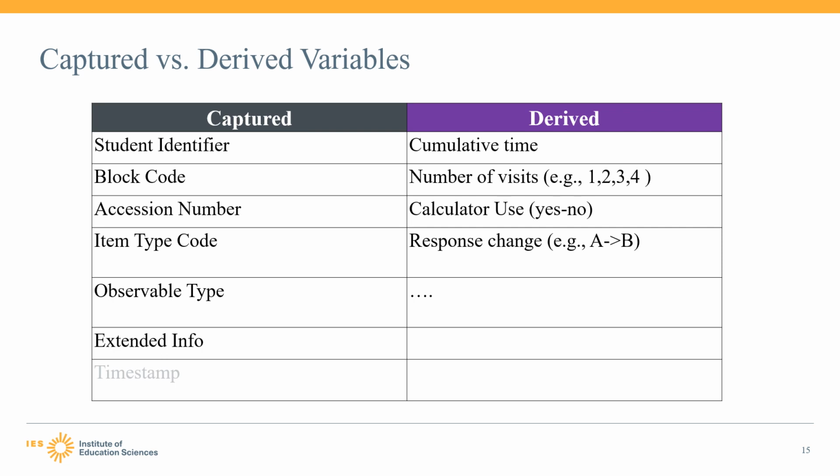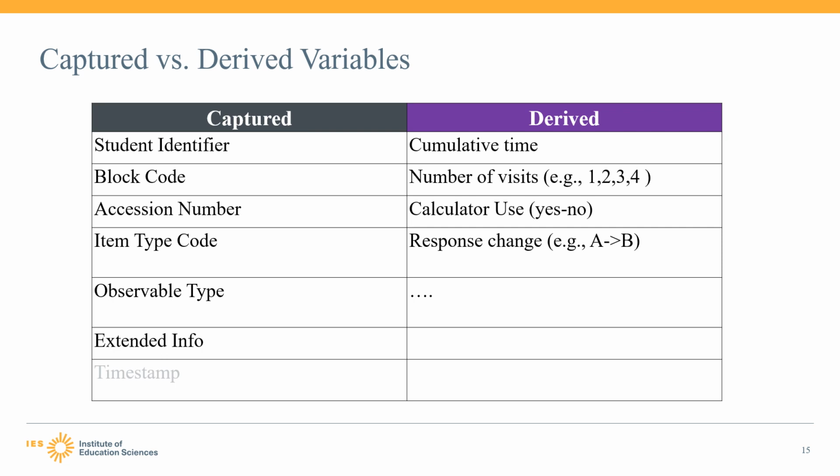In NAEP data, the captured variables can be used to derive many more. Derived variables can be numeric, for example, cumulative time, nominal, for example, calculator use, or relational, for example, answer change, among many others. All it takes is a bit of creativity to explore what is needed for any given research question or questions.